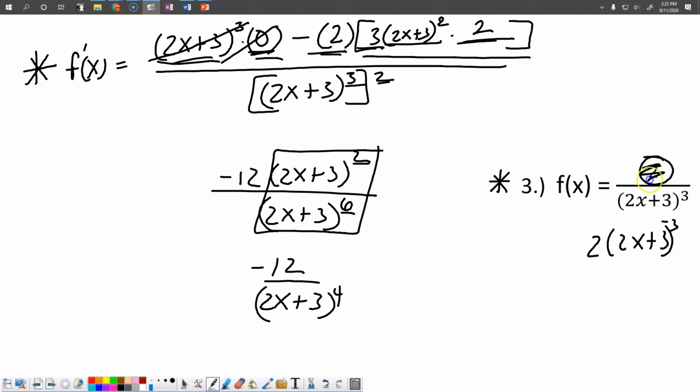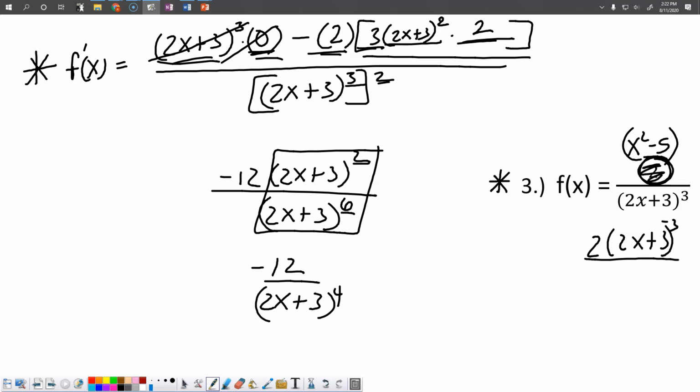But if I had something else up here like x squared minus 5, at that point I'd say forget it. Just go ahead and do the quotient rule. So when you have just a number on the top, you can rewrite it like this and go for it. But other than that, it doesn't really make much of a difference.